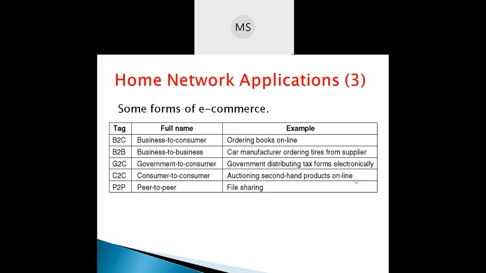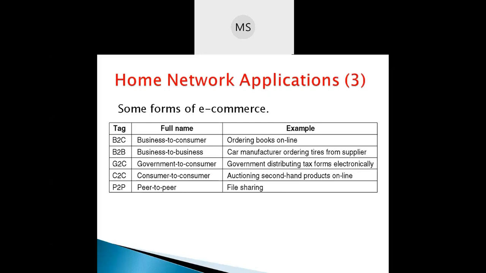The first is business to consumer. That means e-commerce can be business to business, government to consumer, consumer to consumer, or peer to peer. In the business-to-consumer case, ordering books online is an example of business-to-consumer e-commerce. A car manufacturer ordering tires from a supplier is an example of business-to-business e-commerce.